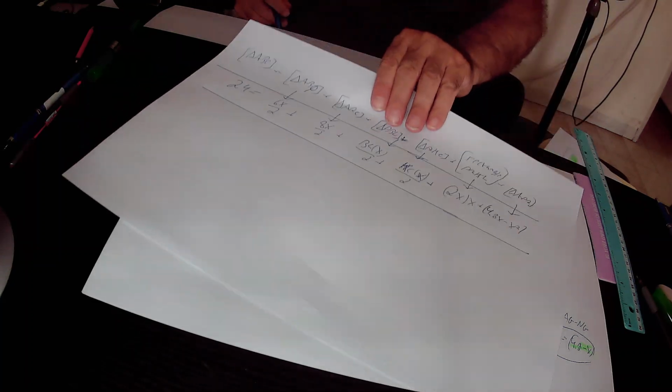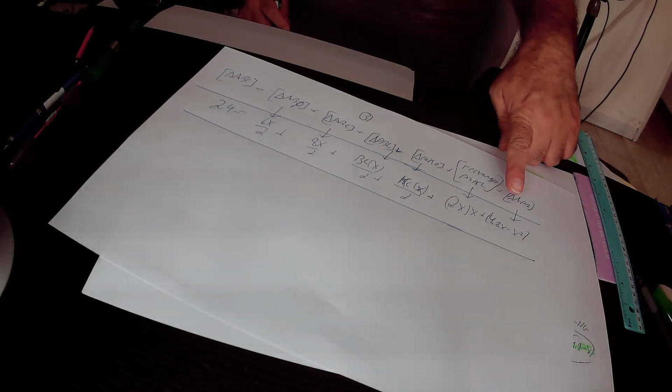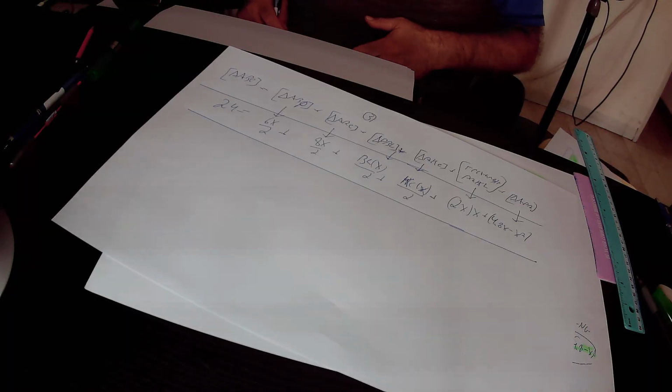Again, the area of triangle APQ equals 4.8x minus X squared in size.